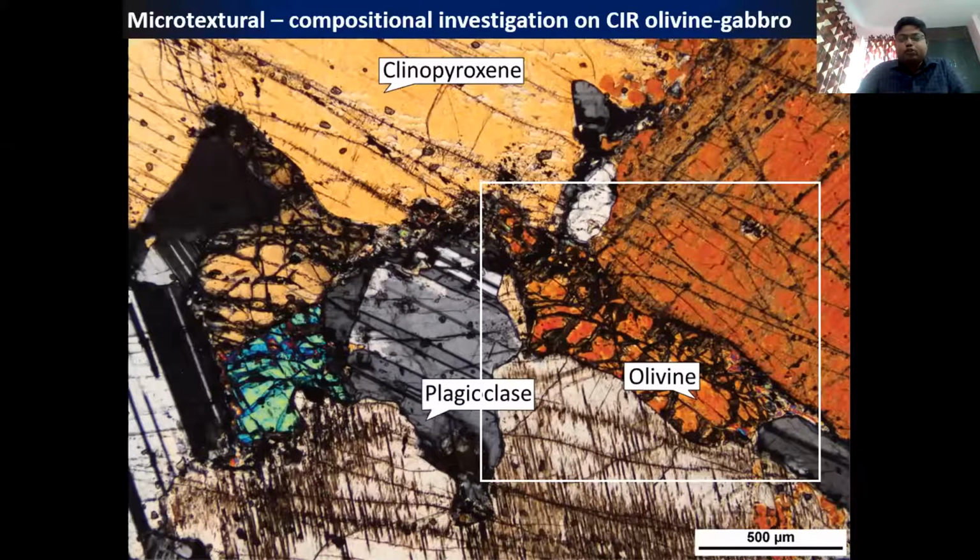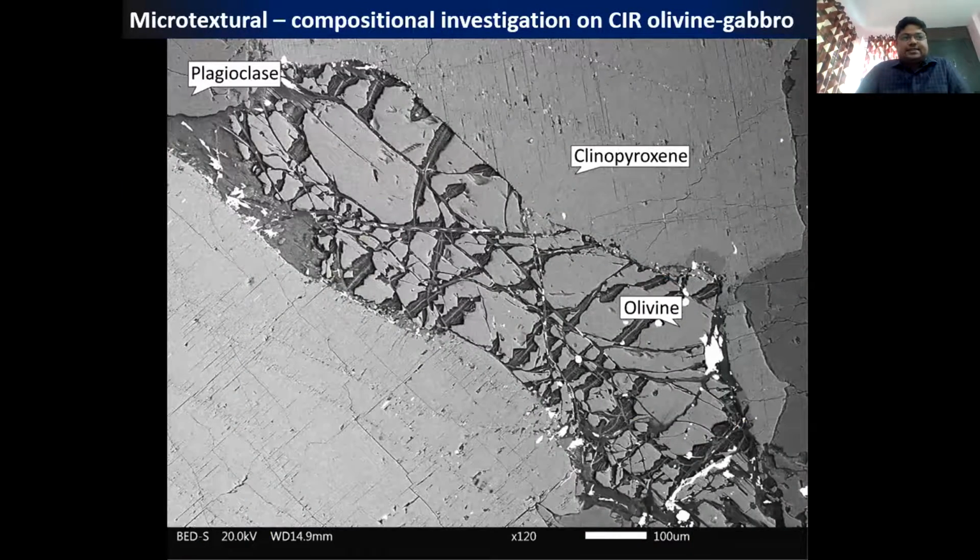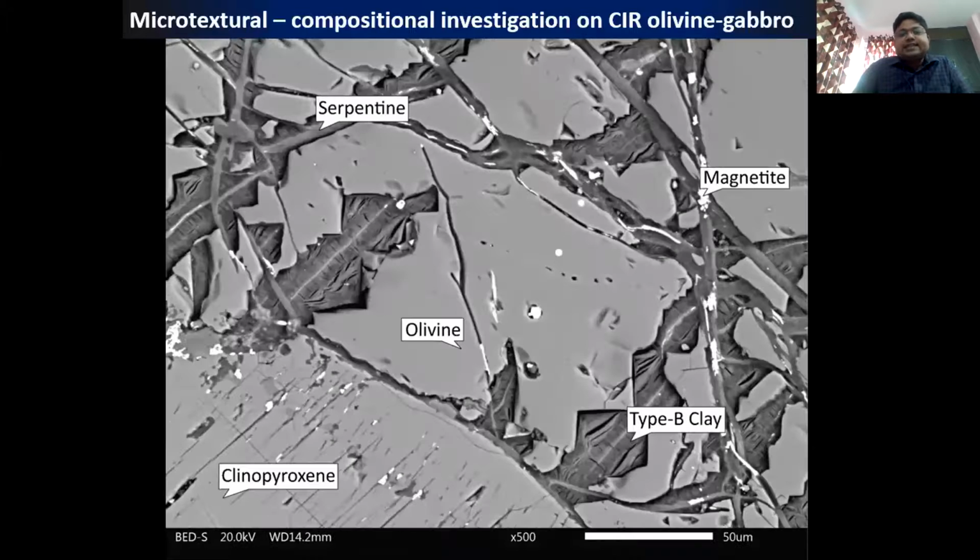Now let us zoom in on this olivine part and take you through the microtexture at the mineral-water interface. So this is the BSE image, backscattered electron image, of the same area. If we further zoom in, we see this texture developing. You have clinopyroxene and olivine as the primary minerals, and you can see relic traces of magnetites.